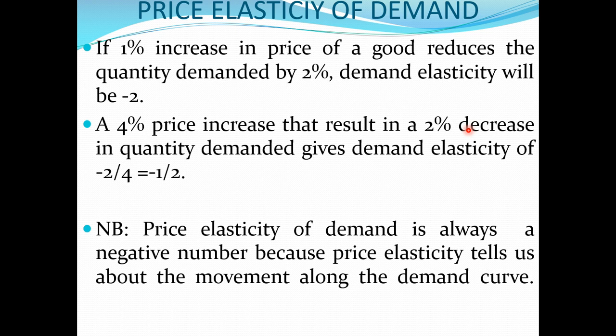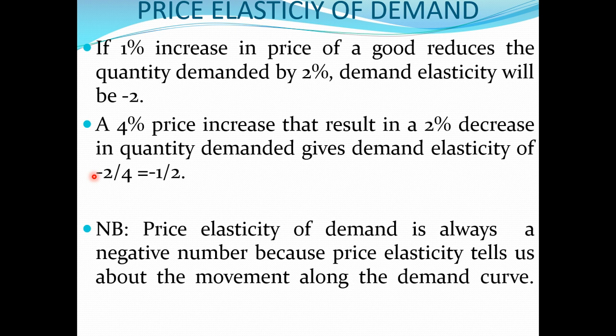Since there is a 2% decrease, the change in quantity, the numerator, is going to carry a negative sign. If it was a 2% increase, it would have just been positive 2, but it's negative in this case.